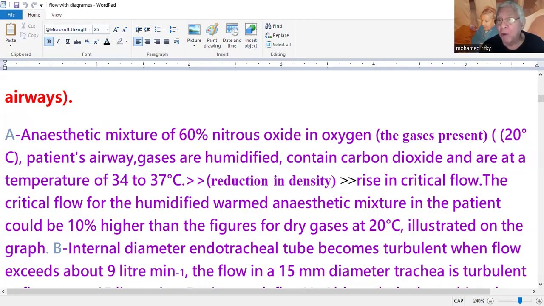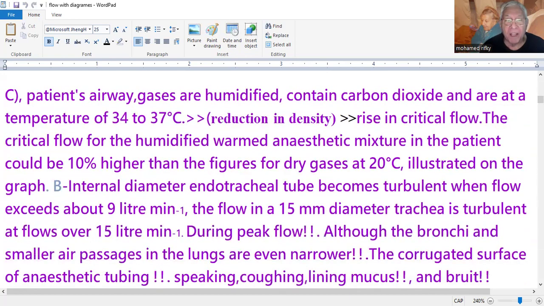I will show you later on. Of course, helium decreases the density of the gas and it improves the ventilation. The second point, as regarding the graph I will show you later, is the diameter of the tube. Whenever the diameter of the tube corresponds to the flow, suppose we have a 9 millimeter endotracheal tube, the flow in a 9 millimeter tube is convenient for the flow to be laminar and so forth.